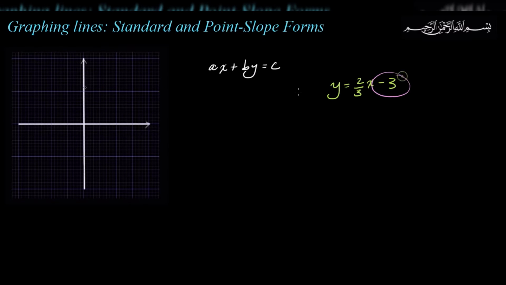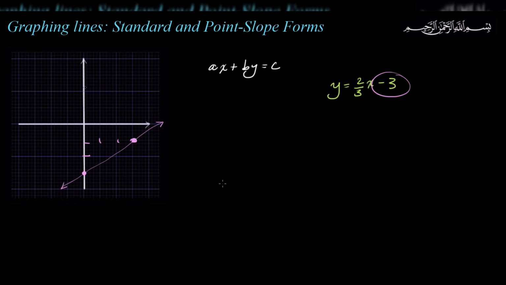First, you put the y-intercept here, -3, and then you go up 2 and over 3 because that's the slope, to get a second point. Once you have 2 points, you simply connect the dots, and you have your line.